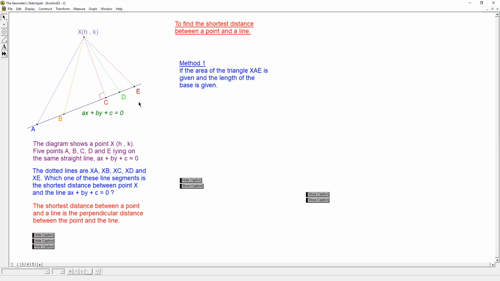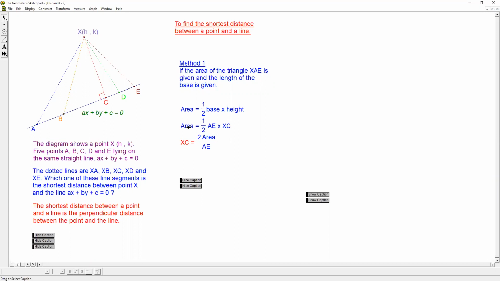If you are given the area and the base of this triangle, we can find the vertical distance, or the shortest distance. How? We know that the area of a triangle is half base times height. So the area of the triangle is half, base is AE, height is XC.